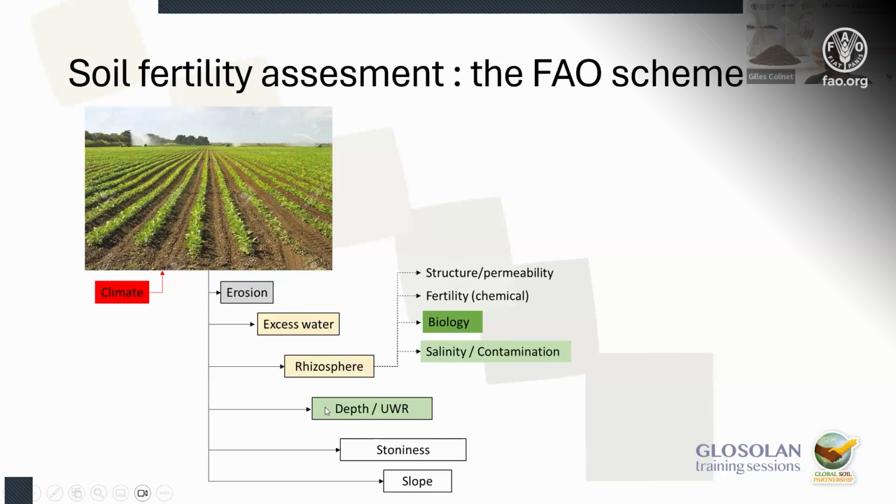There was also a parameter for the quantity of available water for the plant, or the depth of the soils, the stoniness, the slope, and so on.